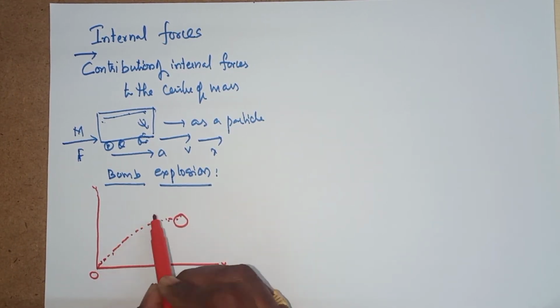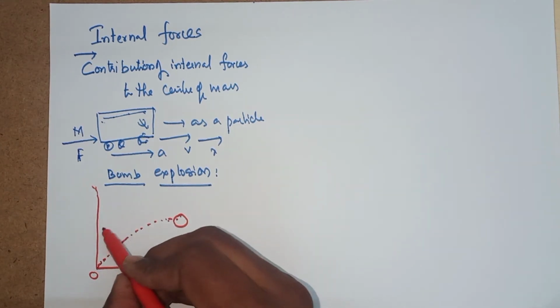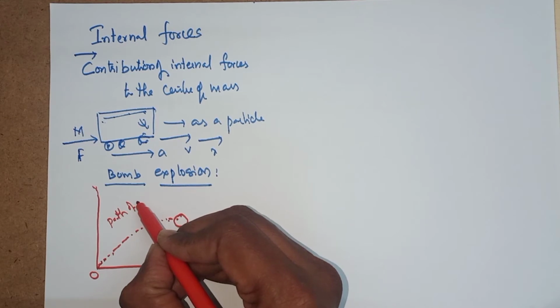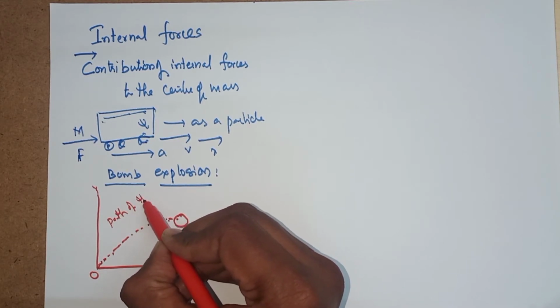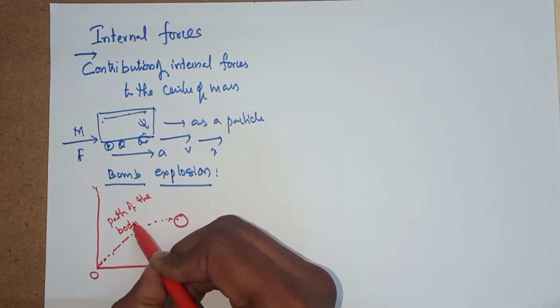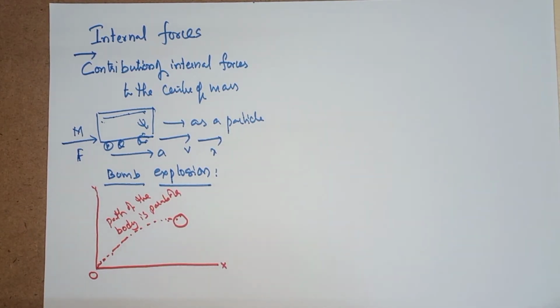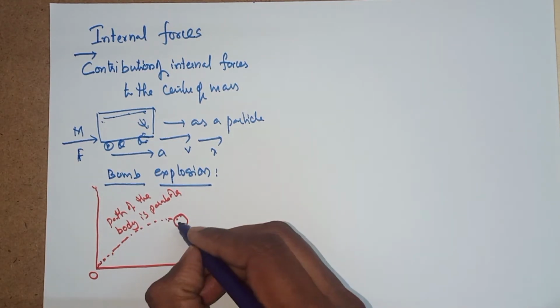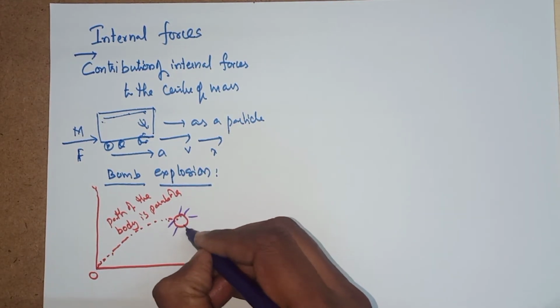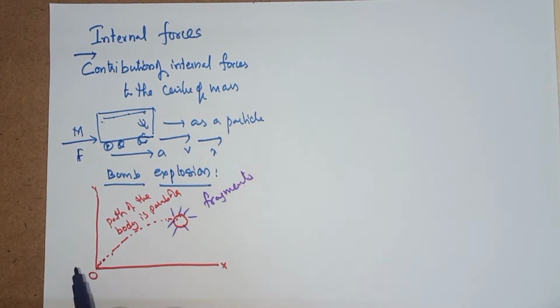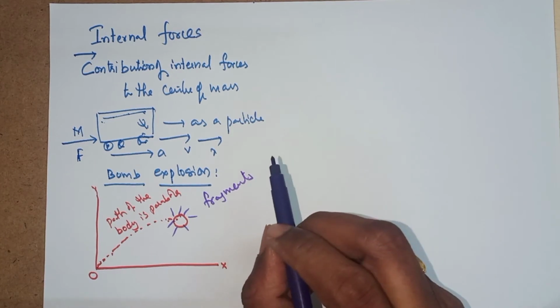Now, due to internal forces, of course, the path of the body is a parabola. Now, what is happening here? Due to internal forces, it has exploded, meaning it has been divided into fragments. The initial body is divided into two fragments.